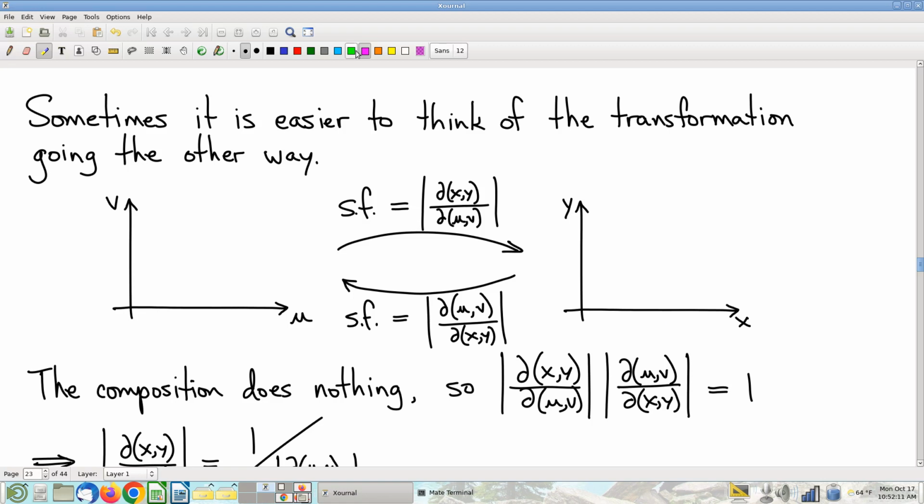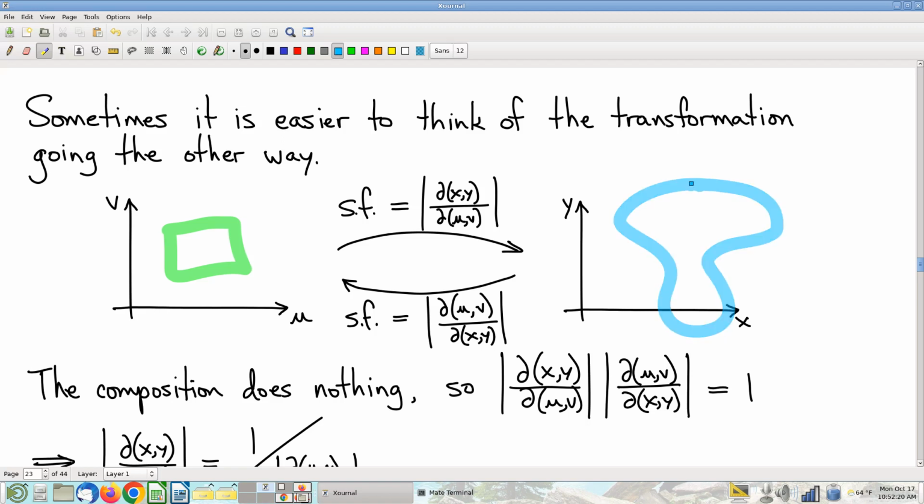Quick observation to make is that whatever domain you have over here, whatever its image looks like, if you compute the stretching factor for the function that goes forward, well, look, there it is. And if you compute the stretching factor for the function that goes the other way, well, there it is.